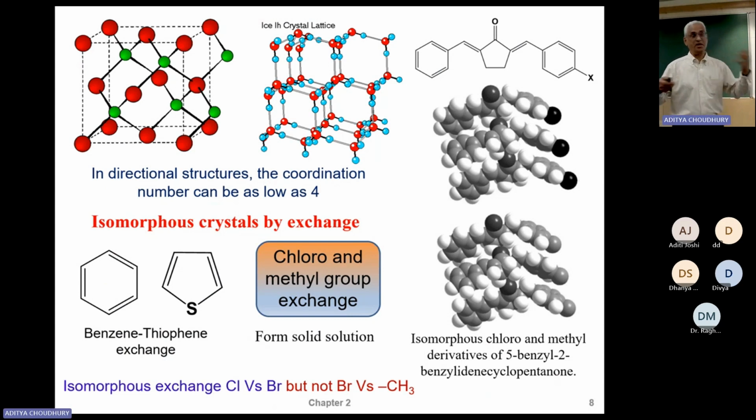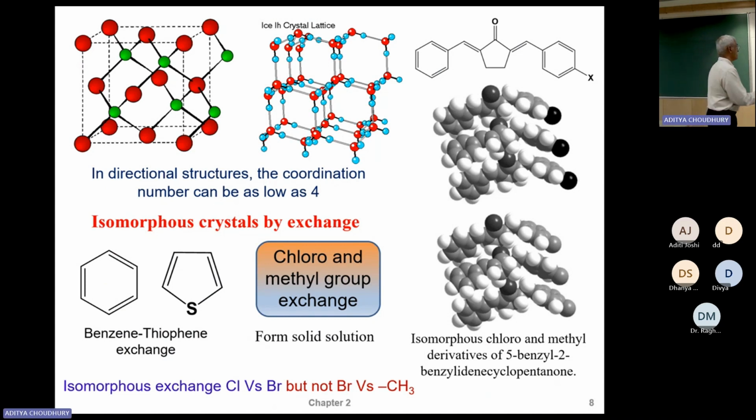In hydrocarbons, you don't have any directional, very strong hydrogen bonds or something. So you look at the shape and size and try to pack them. When you pack that way, if the size of the groups is quite similar, they occupy the same space.